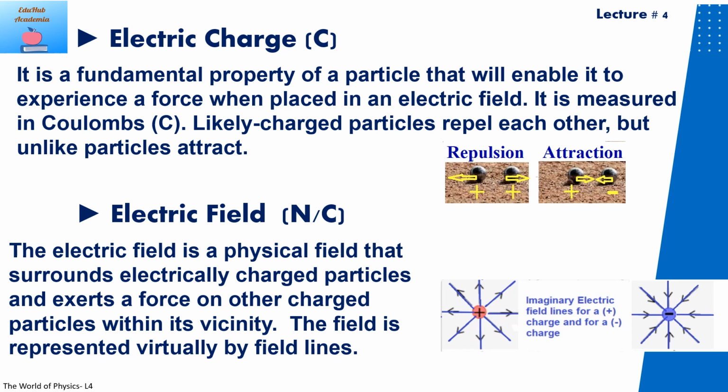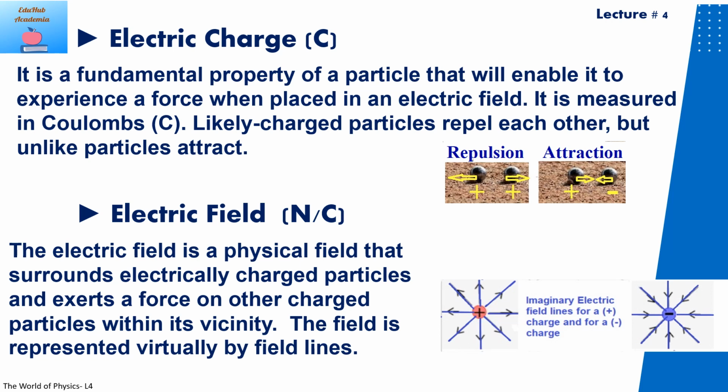Now, in general, a particle is neutral, and when we say neutral, we mean it has an equal amount of positive and negative charges. When a particle has an excess amount of positive charges, we say it's positively charged. On the contrary, if it has less positive charges than negative charges, it will become a negatively charged particle.